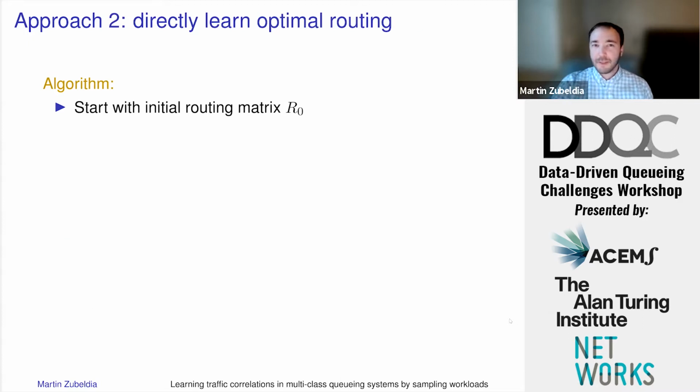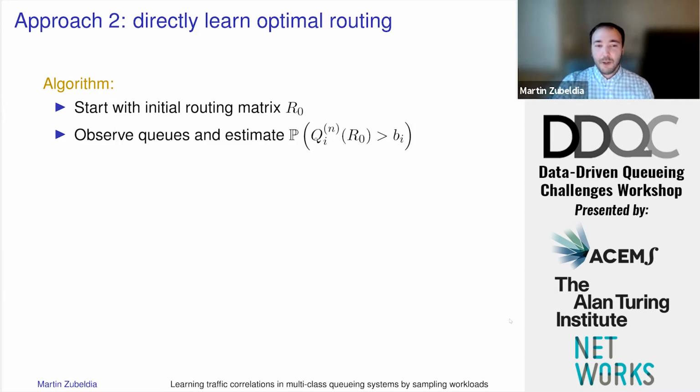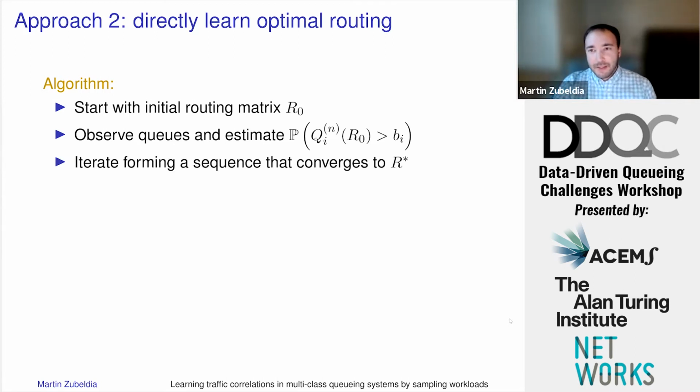So a different approach would be, okay, we don't need to learn the system parameters, we just need to learn what's the best routing matrix. So you can start with some routing matrix R0, then observe now the queues instead of the arrival process and estimate the overflow probabilities for that particular matrix, and then implement some sort of algorithm, your favorite algorithm, that will iterate over different routing matrices until it converges to an optimal one.